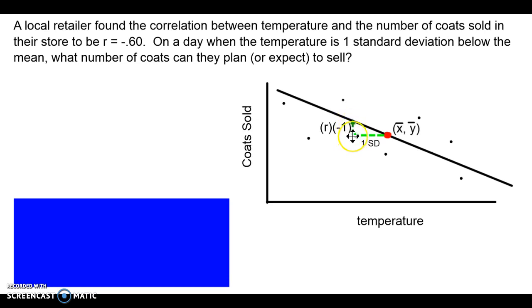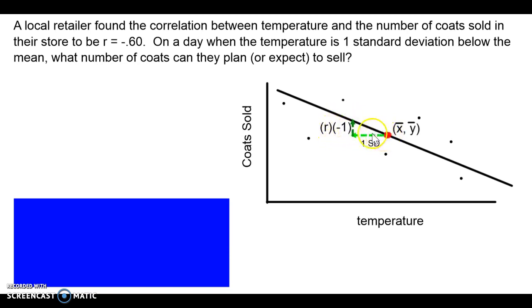Well, in order to get back onto my line of best fit, I have to take R, the correlation coefficient, and multiply by -1. Now you may say, why -1? Well, I'm moving 1 standard deviation below the average temperature. Because I'm moving below the average temperature, I'm moving in a negative direction.